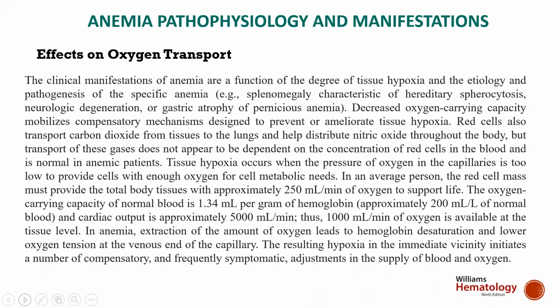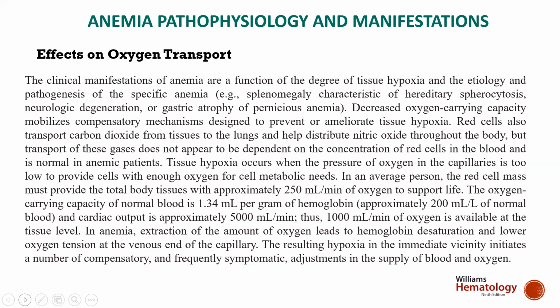Red cells also transport carbon dioxide from tissues to the lungs and help distribute nitric oxide throughout the body, but transport of these gases does not appear to be dependent on the concentration of red cells in the blood and is normal in anemic patients. Tissue hypoxia occurs when the pressure of oxygen in the capillaries is too low to provide cells with enough oxygen for cell metabolic needs.